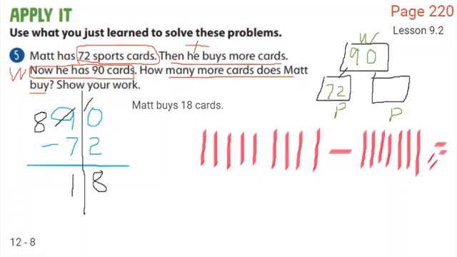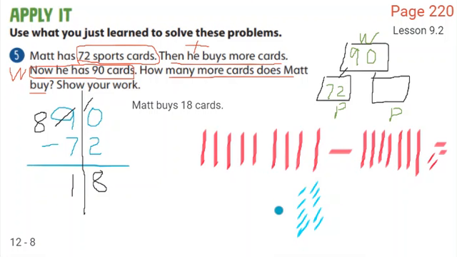But wait, I don't have any ones over here. I'm going to have to regroup. So let me go over here. And so I need to make this 10 rod into 1, 2, 3, 4, 5, 6, 7, 8, 9, 10. Again, that's one of the 10s.